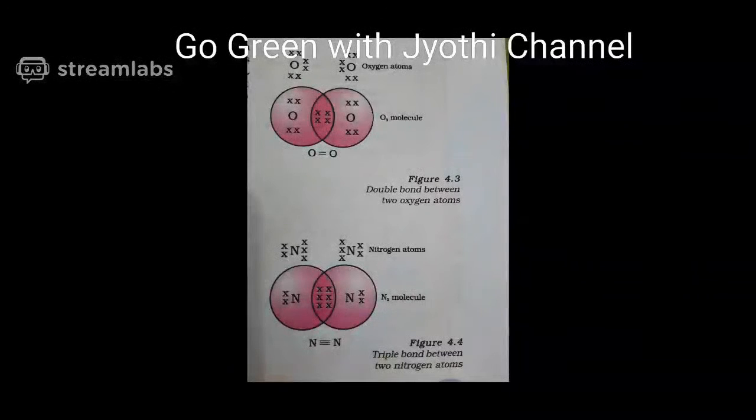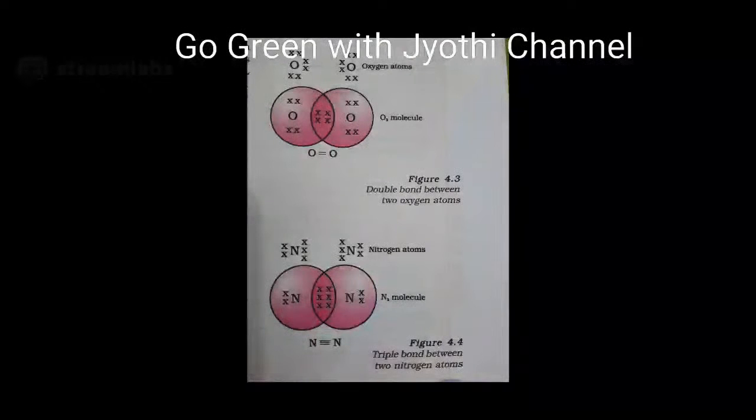In the second image, both oxygen atoms share 2 electrons to form octet structure. Thus, oxygen forms a covalent bond.